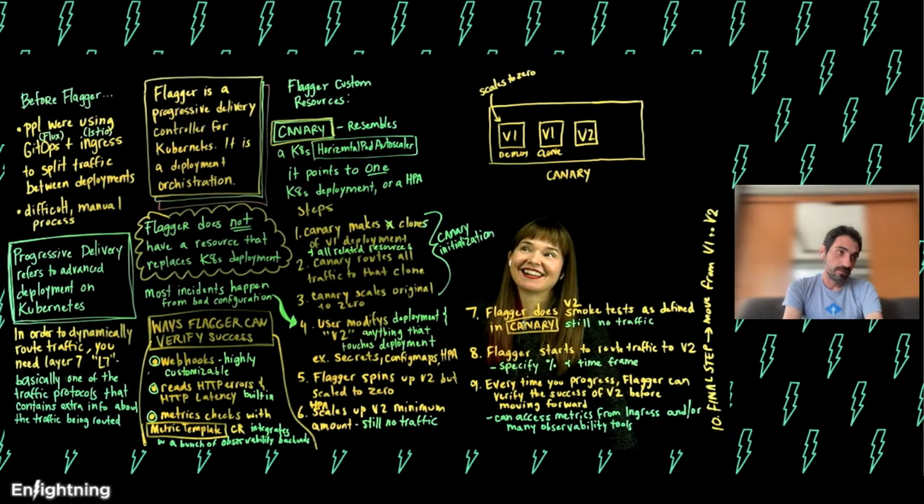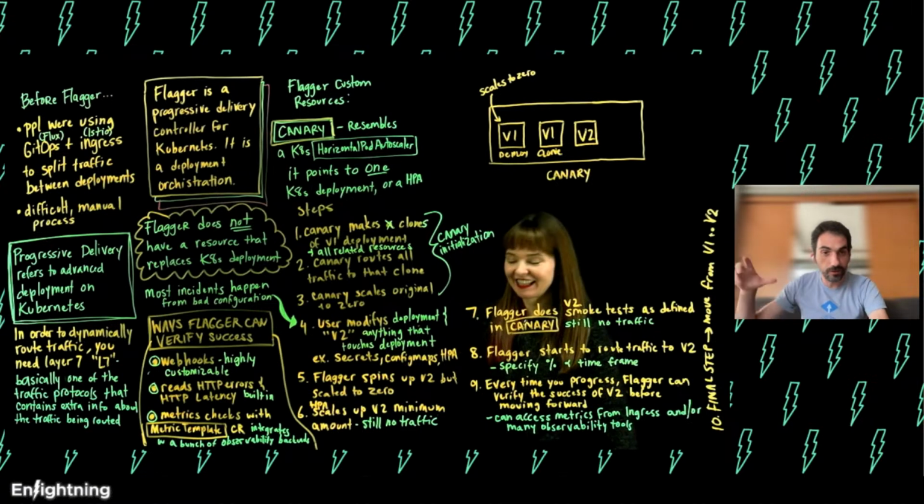The answer is simple. You should always do database migrations in a way that is backwards compatible. And there are various ways. There are books written on how you do good database migrations. For example, let's say you do a database migration from an init container and your new version needs to add a new column.